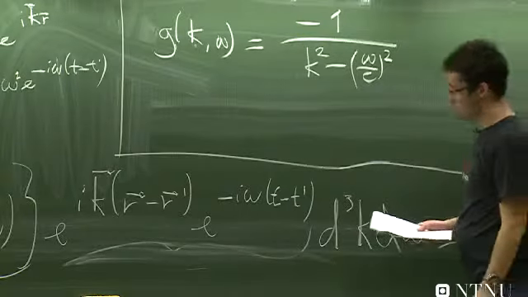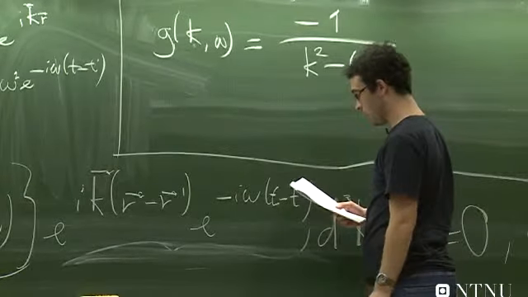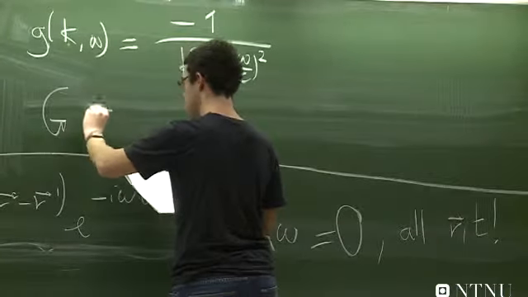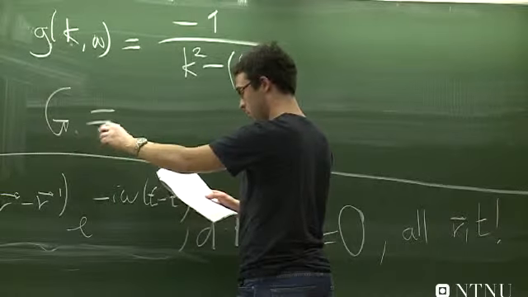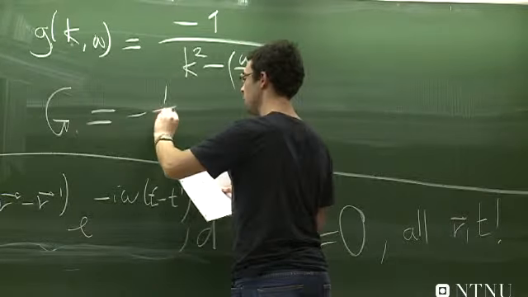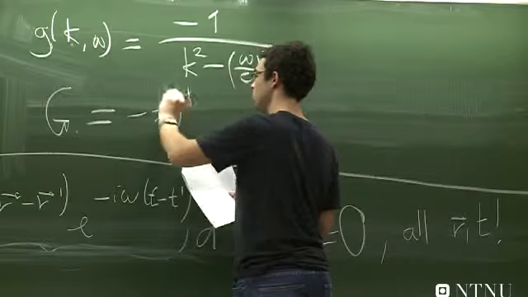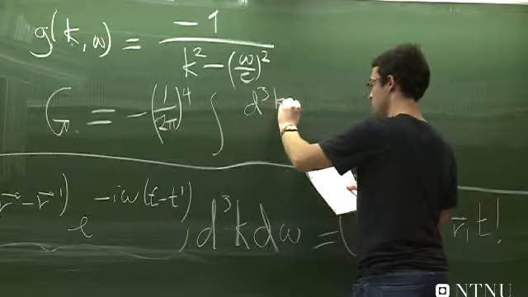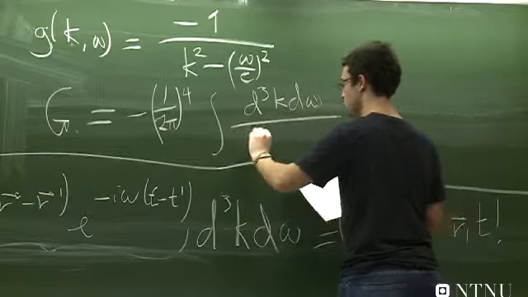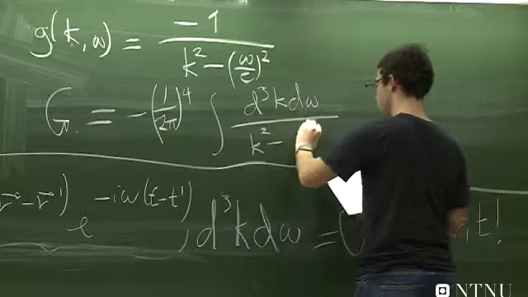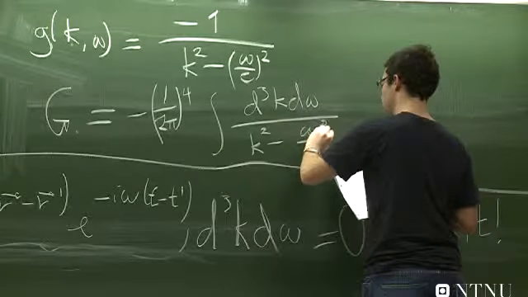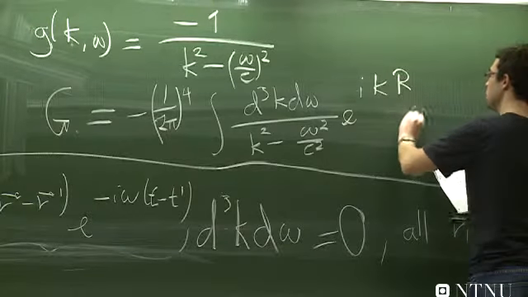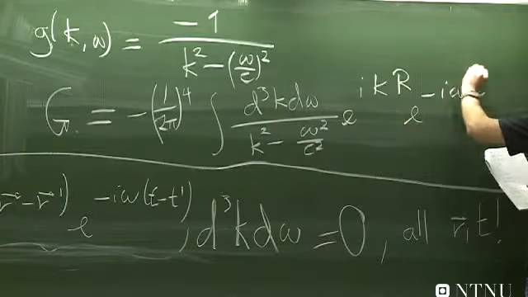And the Green's function is hence, let's see, I can write the Green's function. I skip all the r primes and so on, you get the point. Minus 1 over 2 pi to the power 4, there's a d3k d omega over k square minus omega square over c square, e to I k R e to minus I omega tau.